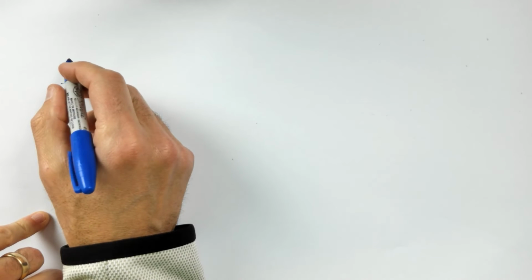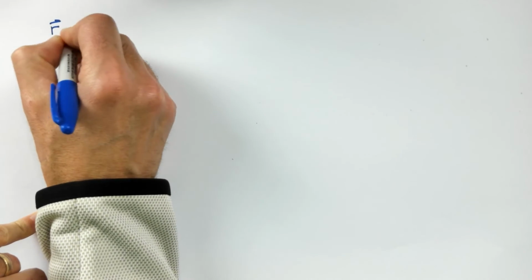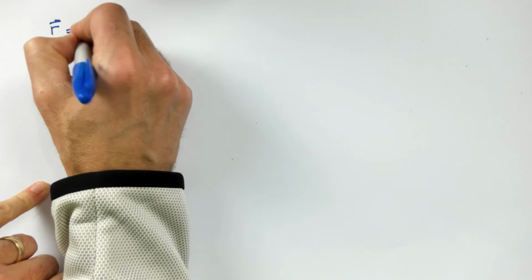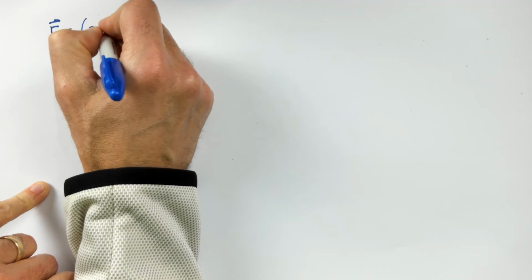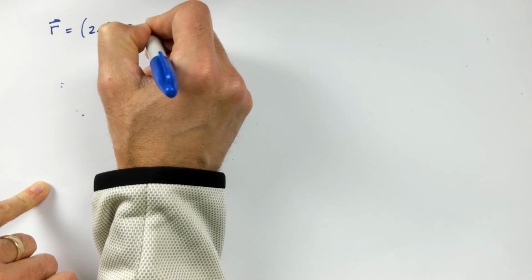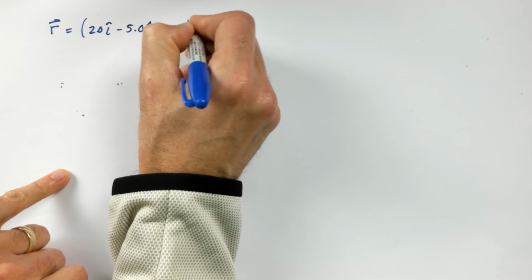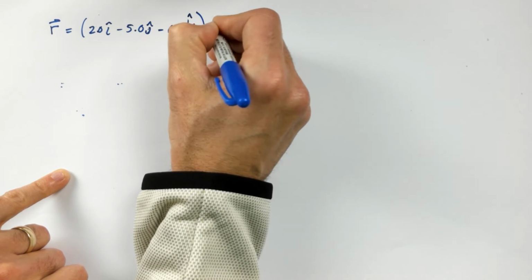All right, so let's say that we have an R vector. Again, R meaning just the distance from the axis of rotation to where the force is acting on the system. So we have an r vector that is equal to 2.0 I minus 5.0 J minus 0.0 K, and this is in meters.